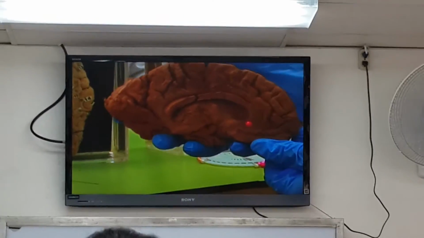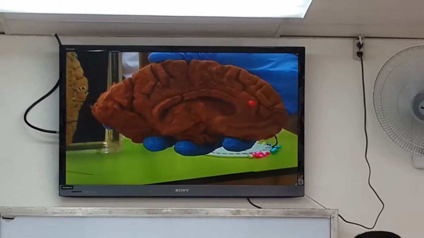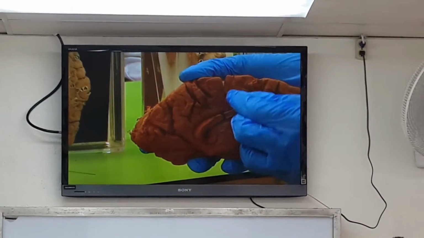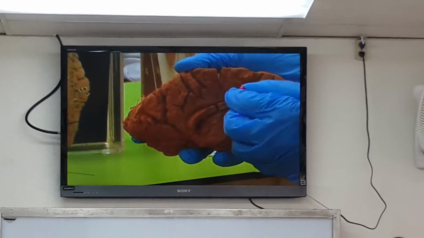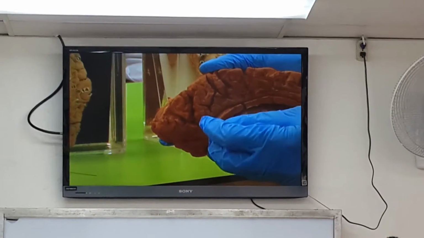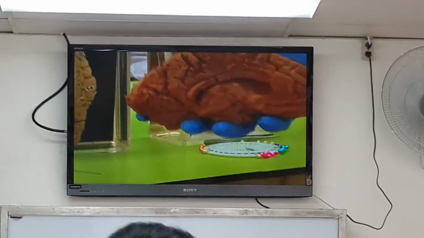This part is called the rostrum, this part is the genu, and the big part from here to here is the trunk of the corpus callosum. The posterior end is called the splenium of the corpus callosum. These are the four parts of the corpus callosum.